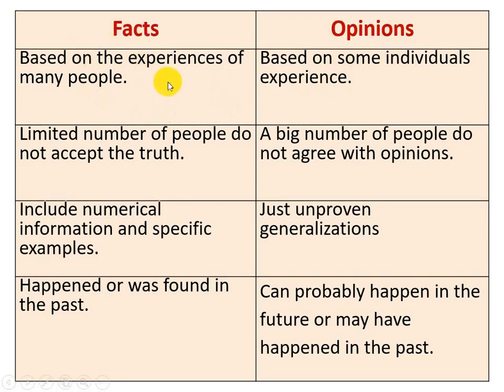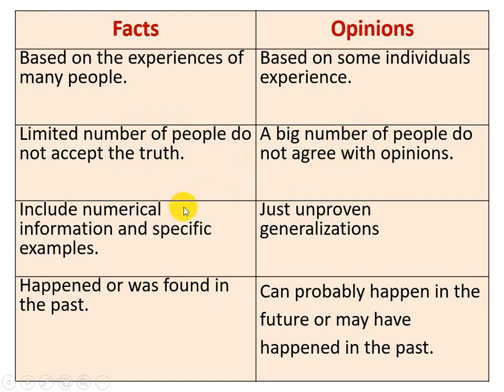At the same time, a limited number of people do not accept the truth, while a big number of people do not agree with opinions. So factual things are accepted by a great many people, while opinions are adopted by only a few people.